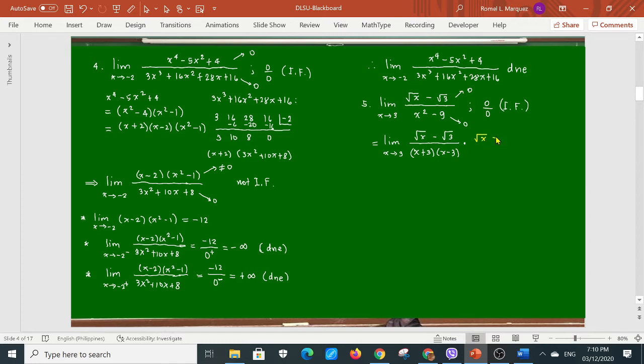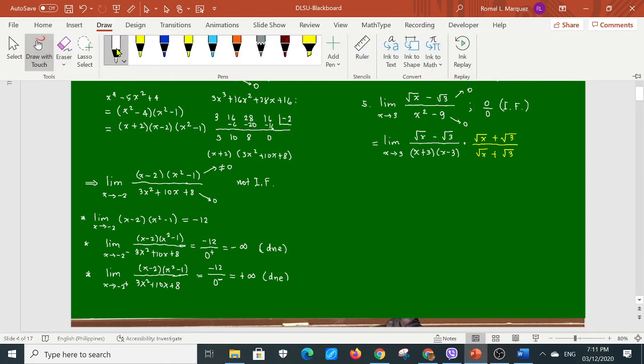The square root of x plus the square root of 3, all over the same quantity so that you don't violate anything. This is allowed because, remember, this is always positive in the vicinity of 3.